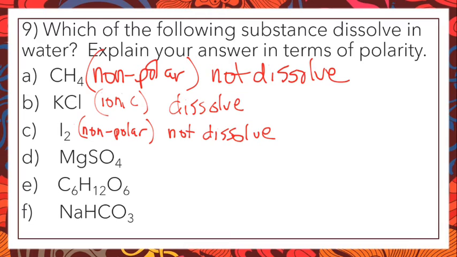Now, D starts to look kind of scary, but all I have to do is start by looking at that first element. Mg is in the second column, but those are all still metals, so that is instantly ionic, and ionic are the easiest ones, quickest ones. They will always dissolve. Now, this next one is also kind of big and scary. Looking at it, there's no metals in it either, so this is covalent, and I have to decide if it's polar or nonpolar.